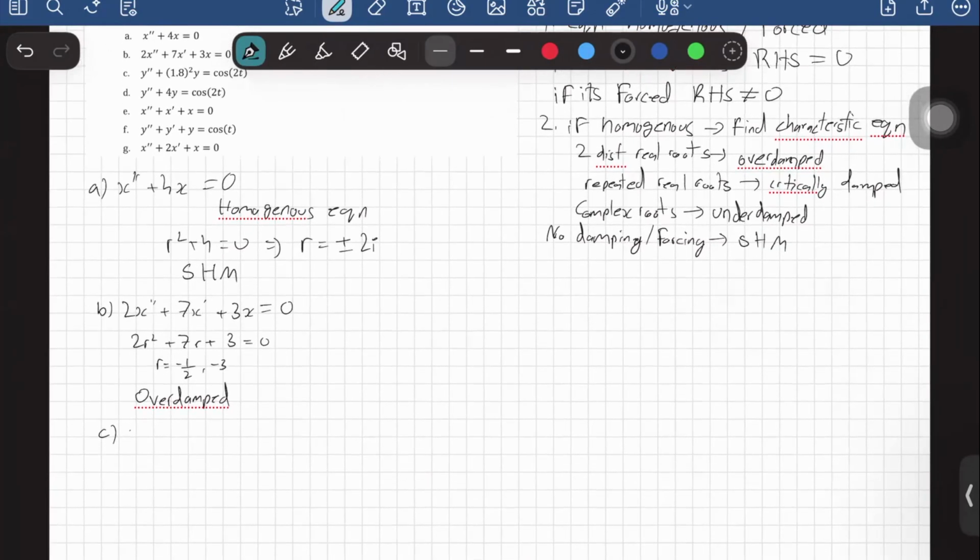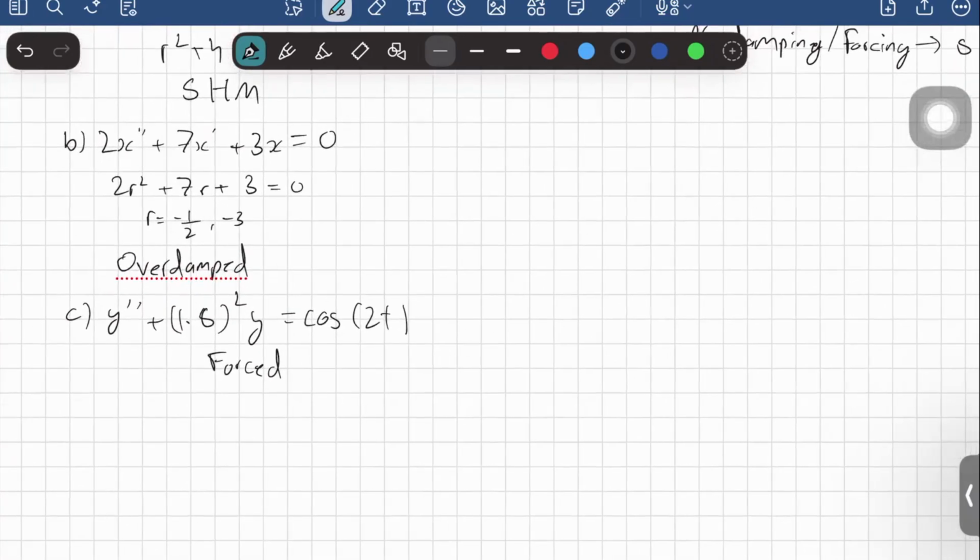It says y double prime plus 1.8 squared y is equal to cosine of 2t. Since our RHS is not equal to 0, what we have to first find is our natural frequency.